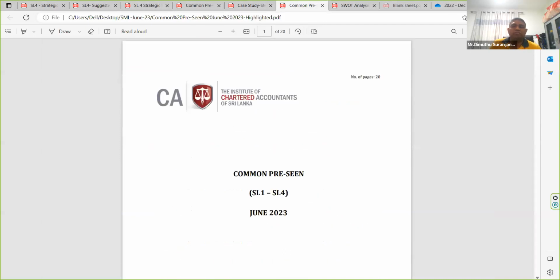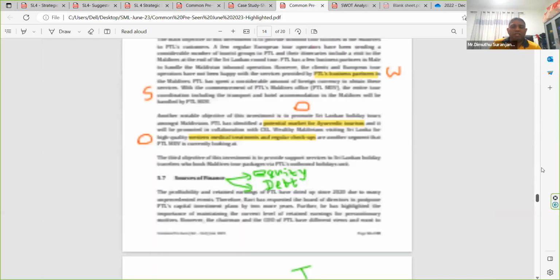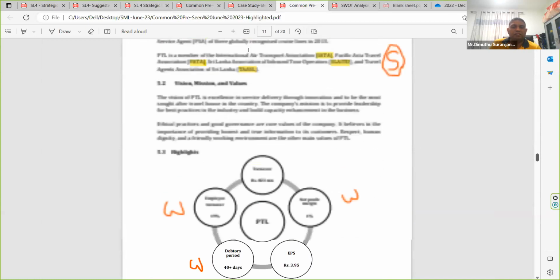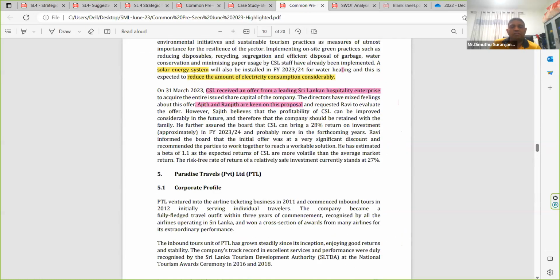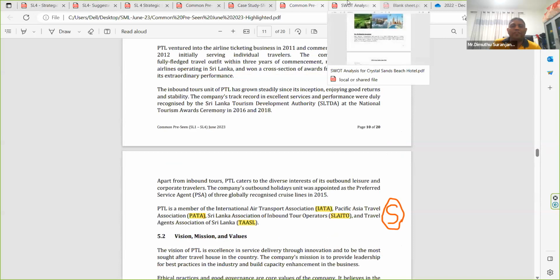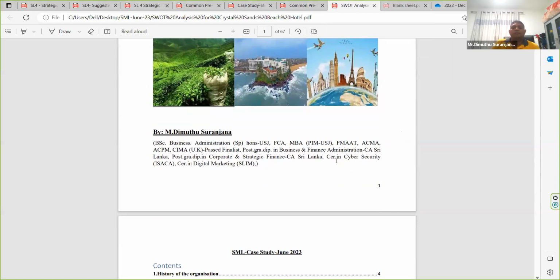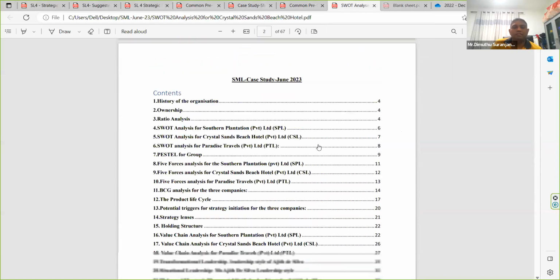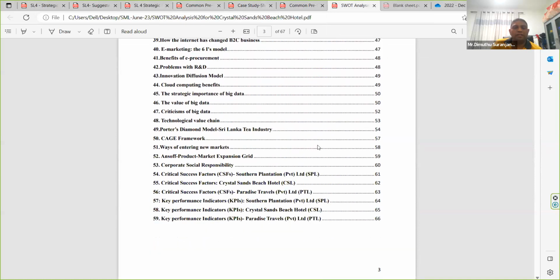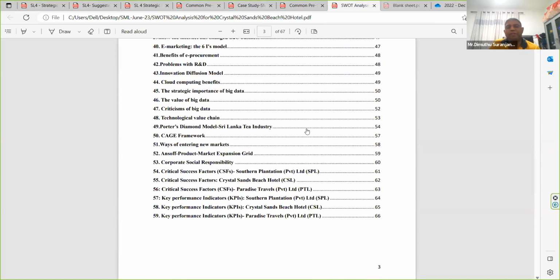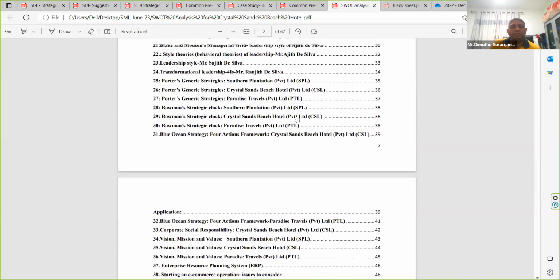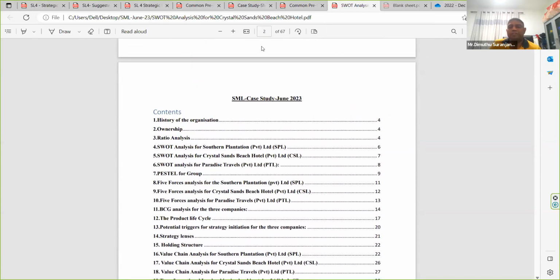We'll share this when we have done the things. You can do a lot of analysis, so try to do a lot of analysis. See, this is my work, and I'm still in the middle. I have already done 59 analyses, still in the middle. So work with the pre-seen, guys, these days.